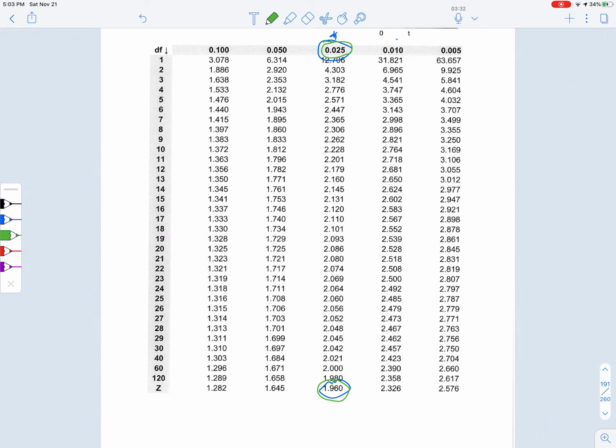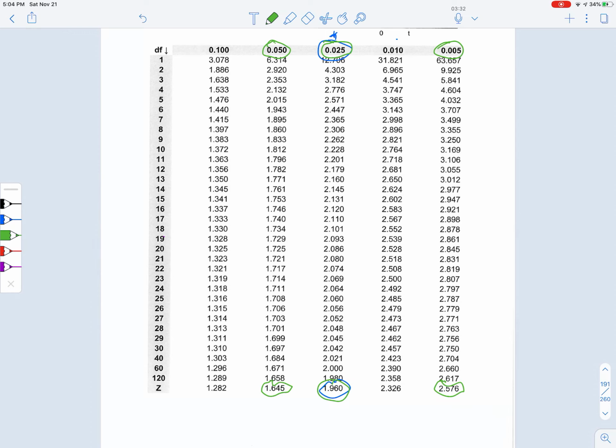For a 90% level of confidence, alpha over 2 would be 5% in each tail, and that would be 1.645. For 99%, you would have 0.5% in each tail, and that Z value would be 2.576.